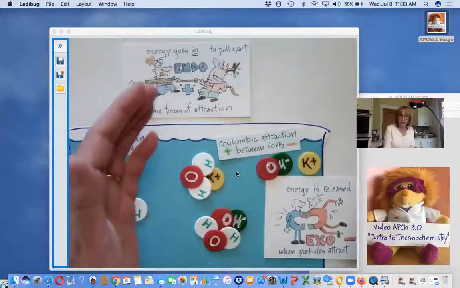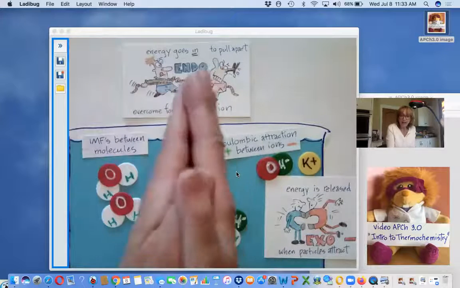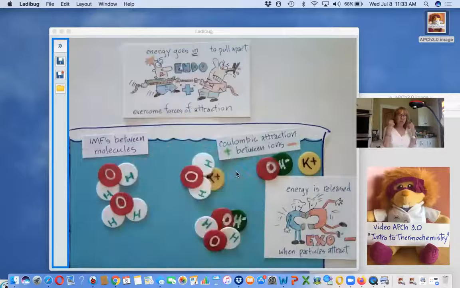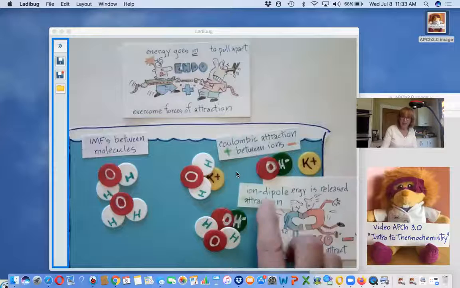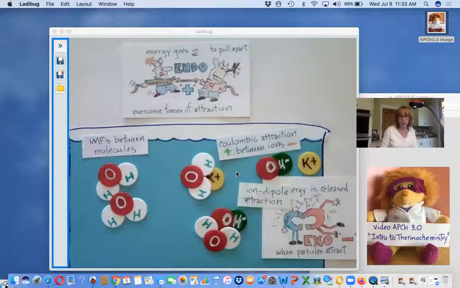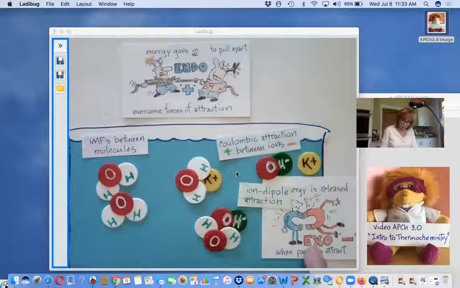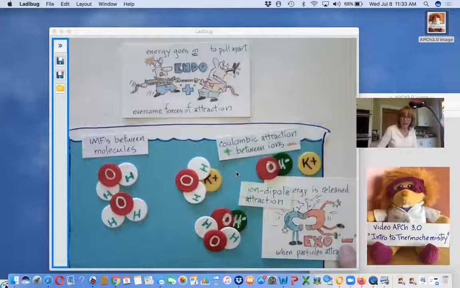Imagine bringing two magnets close to each other and they snap together. Just maybe that snapping sound will help you remember energy is released. So that particular attraction that is being allowed to happen is an ion-dipole attraction. And that snapping together involves an energy change, and it's exothermic, so its number value is negative.